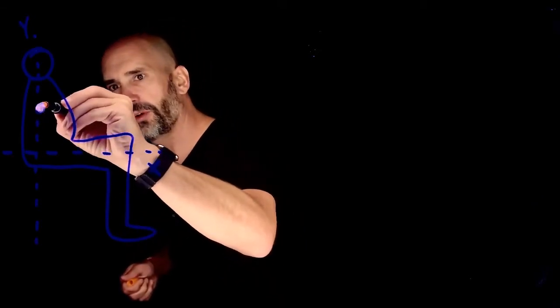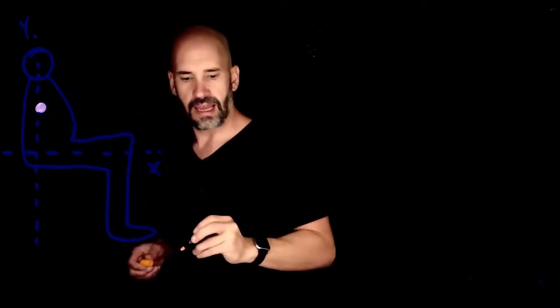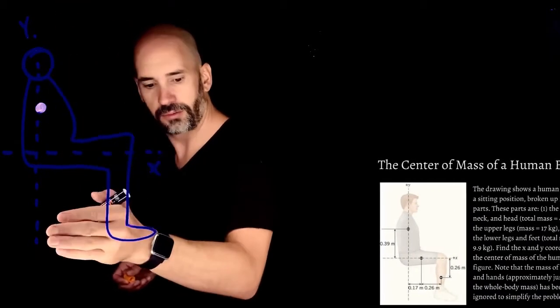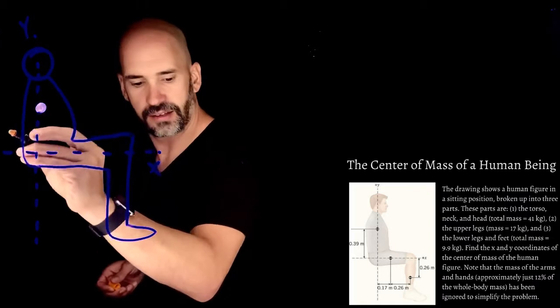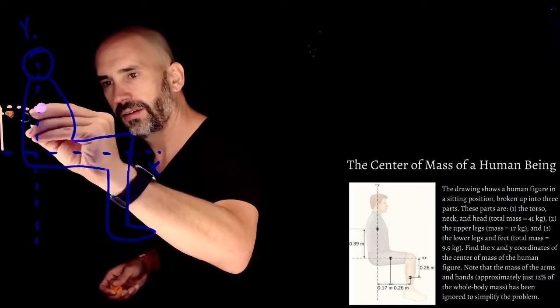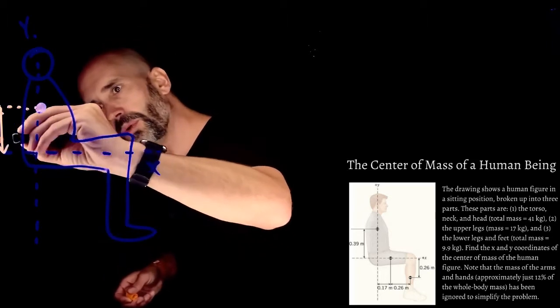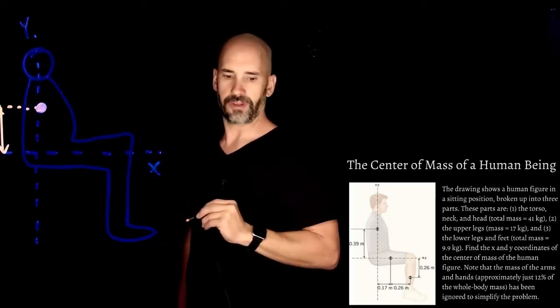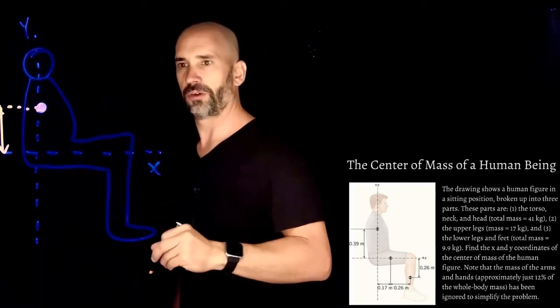So here's the torso. And it is on the x equals 0 axis, or the y-axis, right? And it is a distance of 0.39 meters up. So that's the center of mass of the torso.